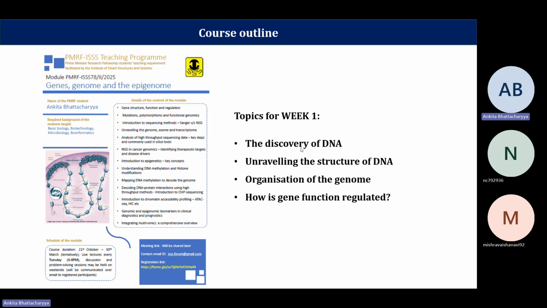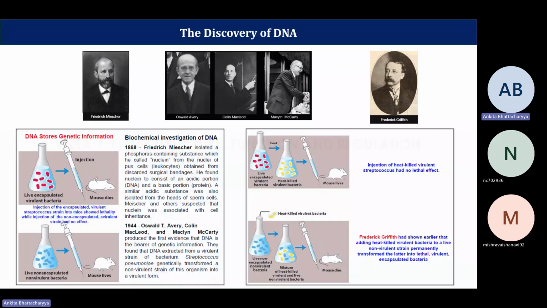So we started off with our discussion on DNA, DNA structure, organization, and gene function, and different elements of DNA. We began with our discussion on the discovery of DNA, where we talked about Frederick Miescher and how they identified that DNA is the material which carries all the genetic information which can be inherited across generations.